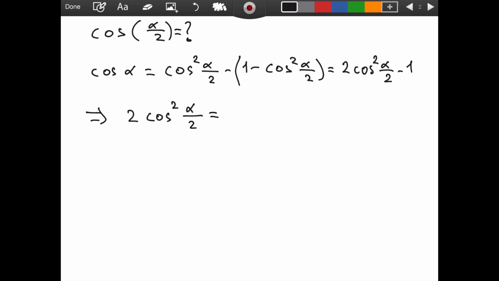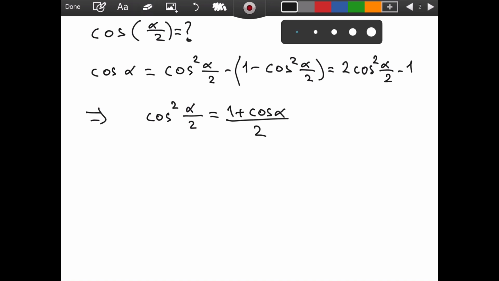But anyways, this is what we need to do to carry out this derivation. So we have 1 plus cosine of alpha. If I divide both sides by 2, I need to erase this factor. And now I can take the square root of both sides.